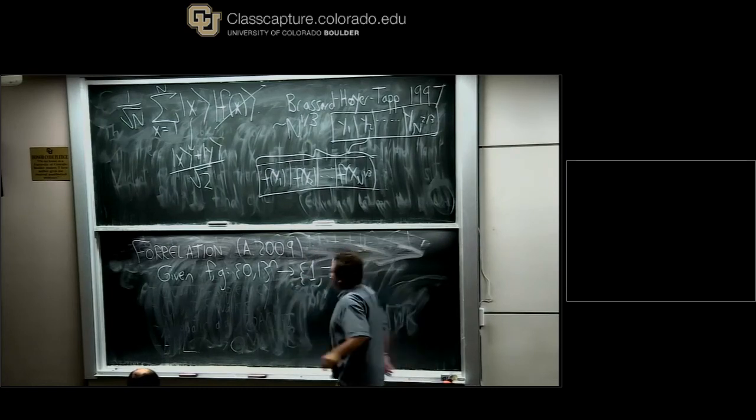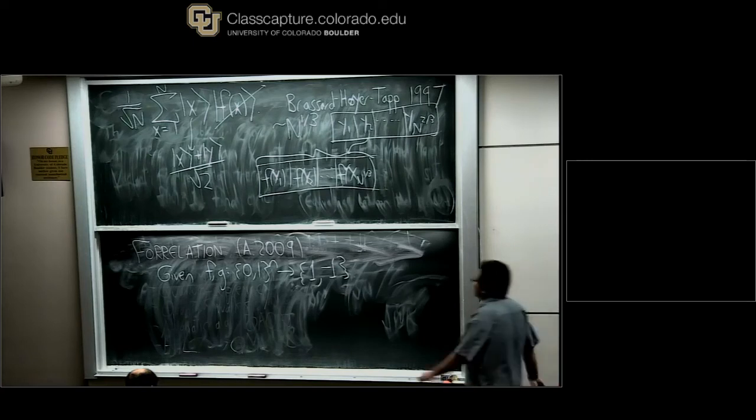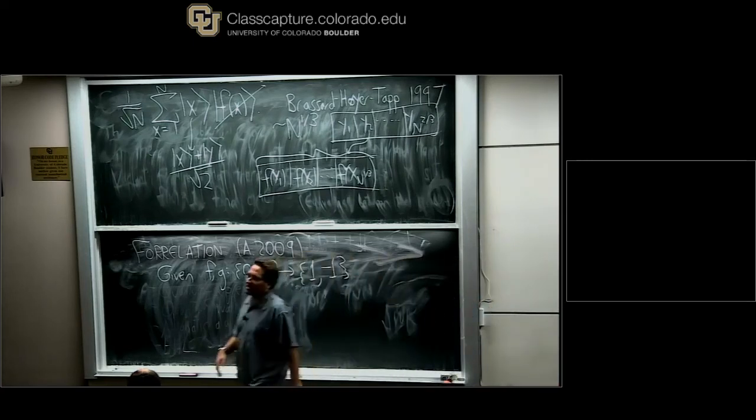So in the correlation problem, you're given black box access to two Boolean functions, f and g, both of which map n bits to, let's say, 1s and -1s.